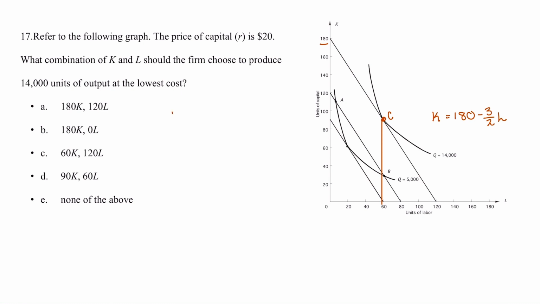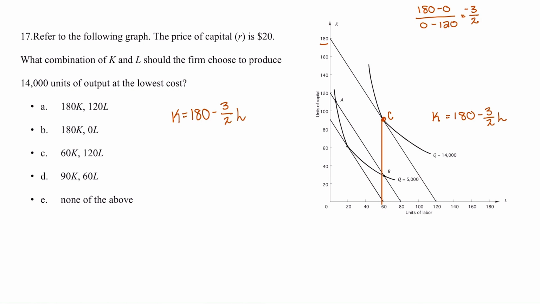So we know that the equation of our line is K equals 180 minus 3/2 L. And again, you get your 3/2 with 180 minus 0 over 0 minus 120, 3/2. Negative 3/2, since it's a negative in the equation.